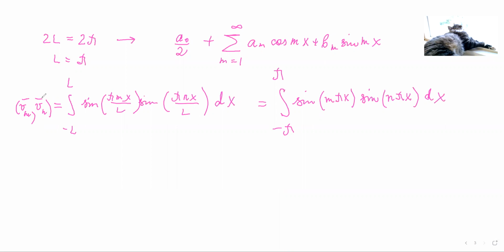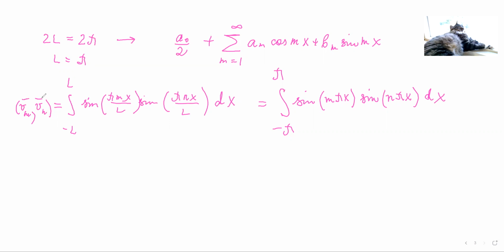Well, what I'm trying to say is that I'm trying to prove that they are orthogonal. What does orthogonal mean? Two vectors are orthogonal if the dot product is equal to 0. And if you multiply a vector by itself, it's supposed to give you something like 1, right? That's what I'm going to prove. So right now, m and n are not equal to each other. And I'm going to use a formula to do this integral.